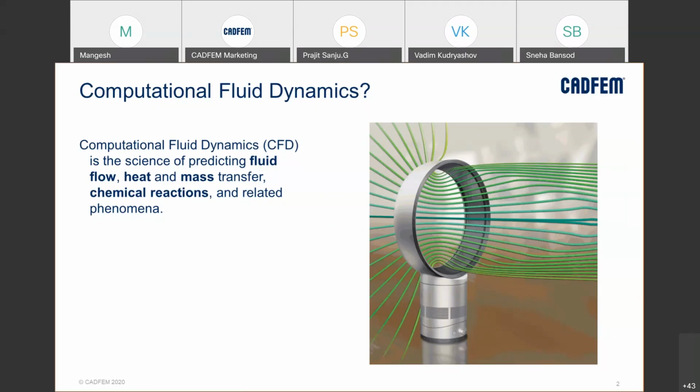When we model it using numerical methods and perform these analyses using a computational resource, that's where we call it computational fluid dynamics.